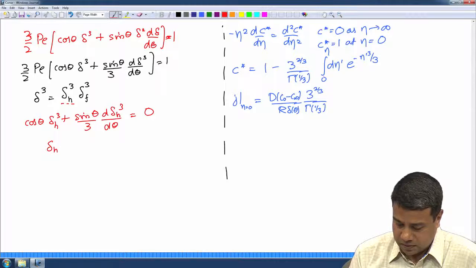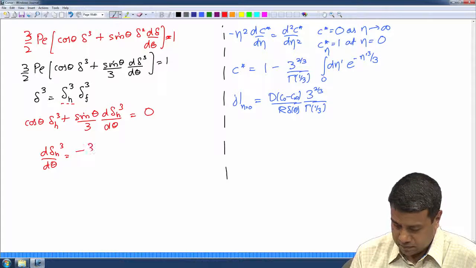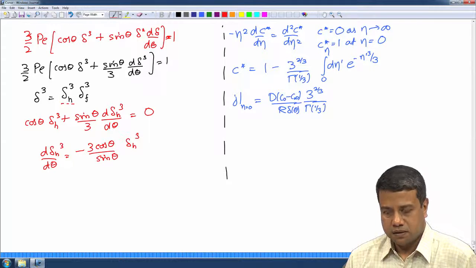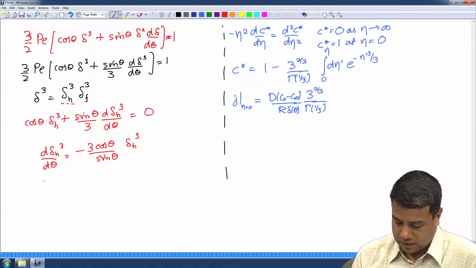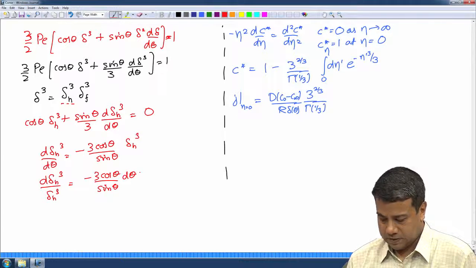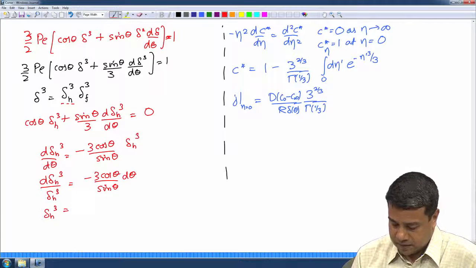So, delta h cubed is equal to, I am sorry, and this of course you can integrate, d delta h cubed by delta h cubed is equal to minus 3 cos theta by sin theta, which will give us delta h cubed equal to c by sin cube theta.